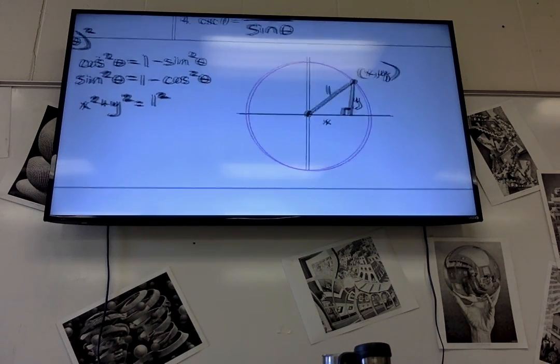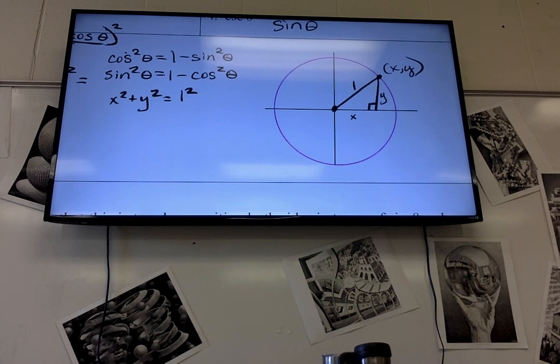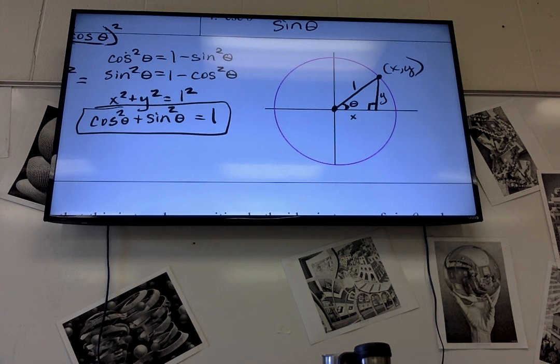That's A squared plus B squared equals C squared. But in a unit circle, X is the same thing as the cosine of whatever this angle is, and Y is the sine of whatever that angle is. So this is where that comes from. It comes from the Pythagorean Theorem.